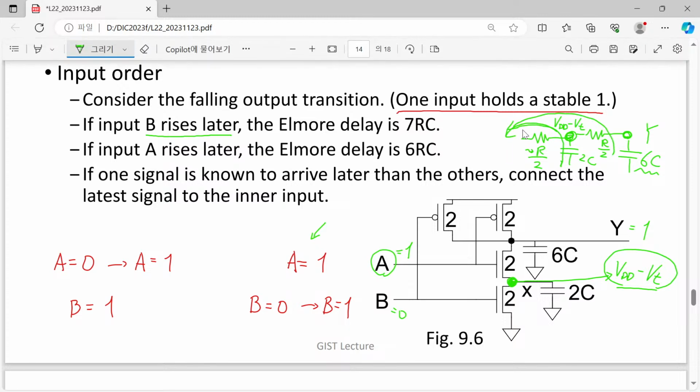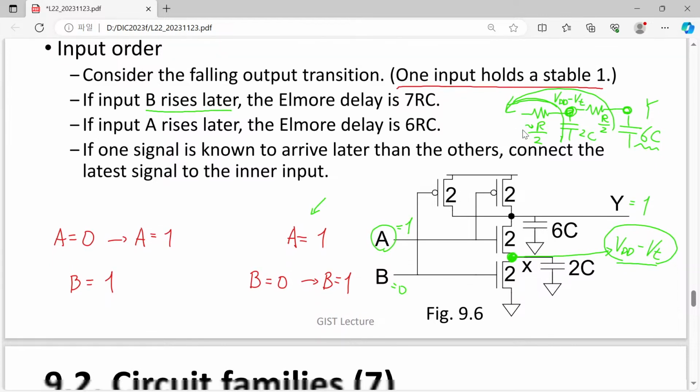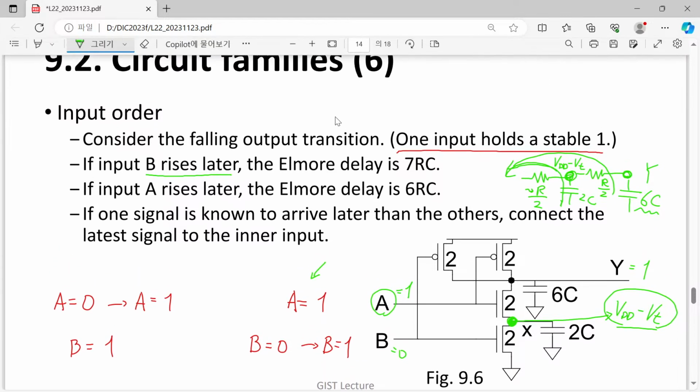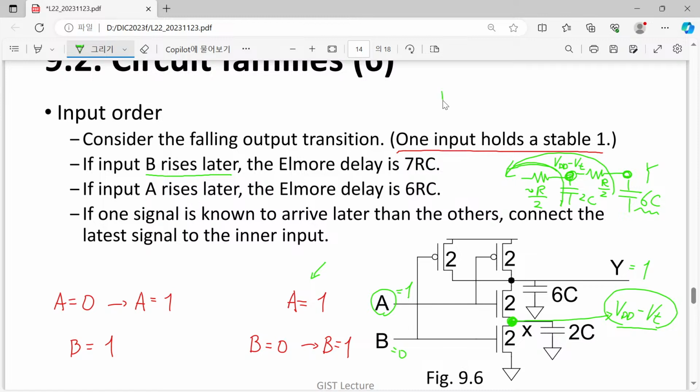Simply speaking, in this case, our simple rule to calculate the Elmo delay gives us half R times 2C to discharge this first capacitance 2C, and another one is half R and half R twice, so R times 6C. So it will give us 7RC as an estimated Elmo delay.